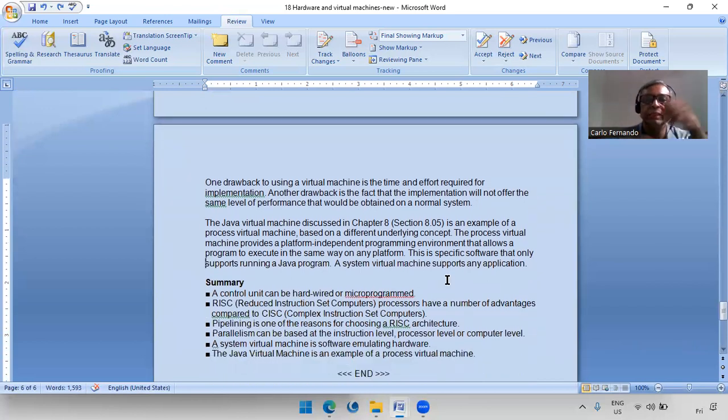The Java virtual machine discussed in chapter 8 is an example of a process virtual machine. It's a process virtual machine based on a different underlying concept. You can't really call it physical. The process virtual machine provides a platform-independent programming environment that allows the program to execute in the same way on any platform.